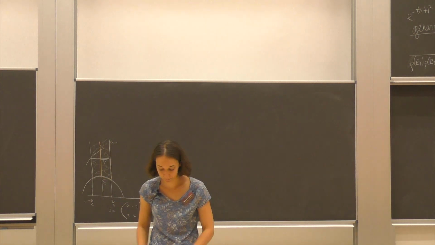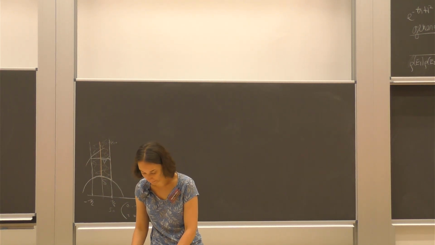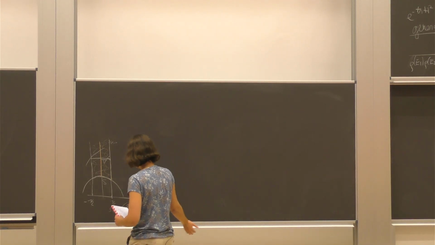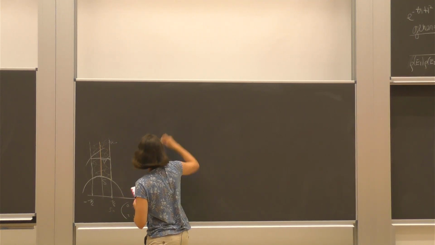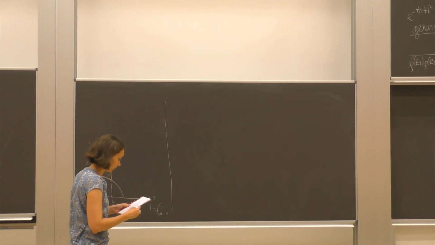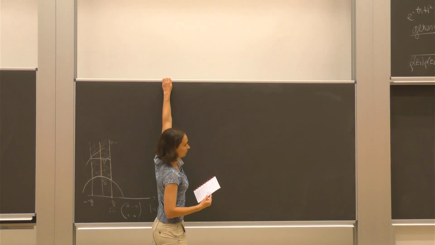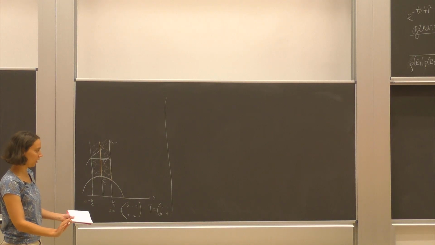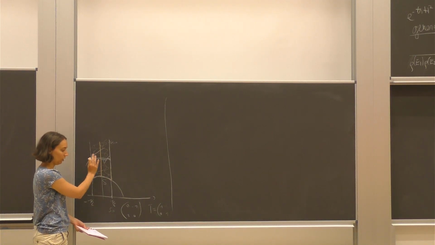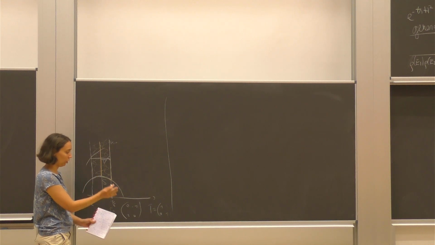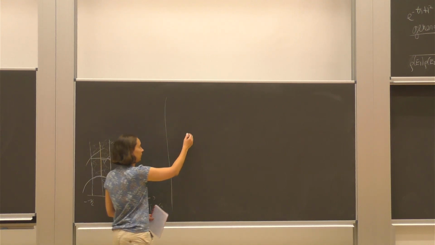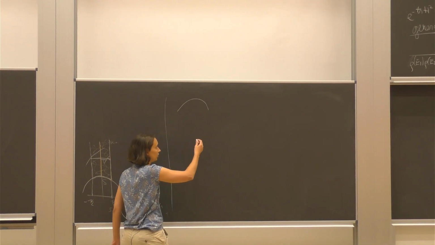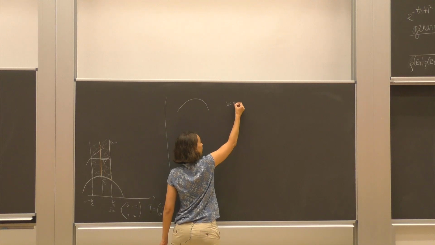Okay, so I guess it might be common knowledge that geodesics on the upper half plane are either straight vertical lines, or semicircles described by the following equations.